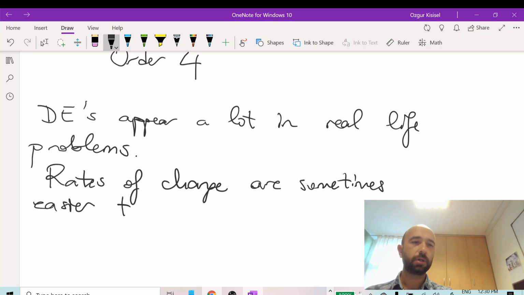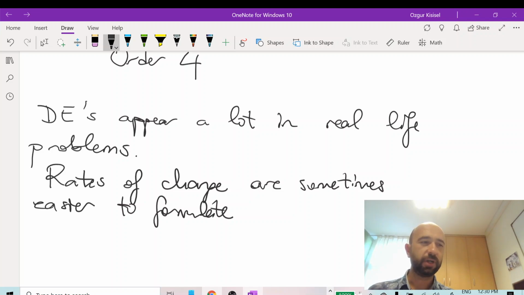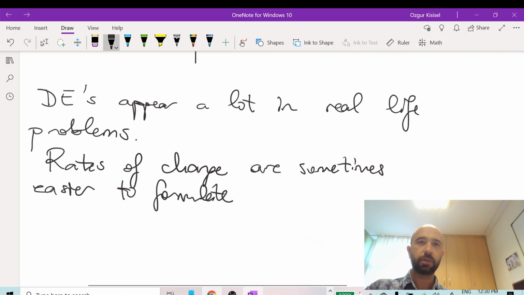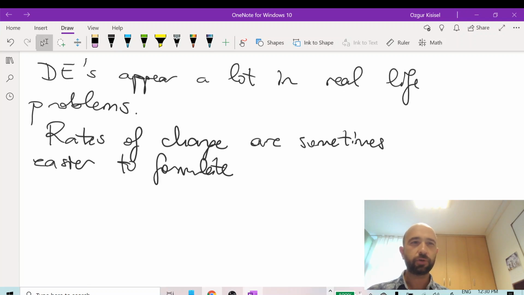Sometimes you don't know the actual algebraic equation for your variable, but you know something about this rate of change. And then from there, you want to find the actual values of the variable. That's why differential equations appear so often. Okay, those were my first comments.